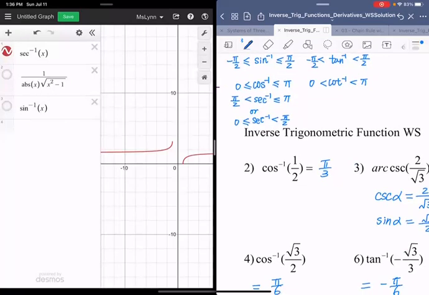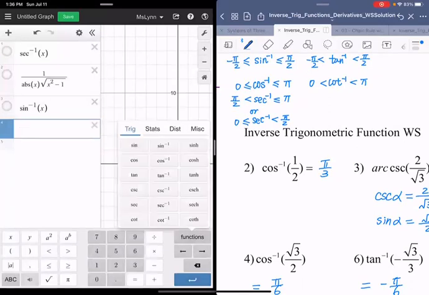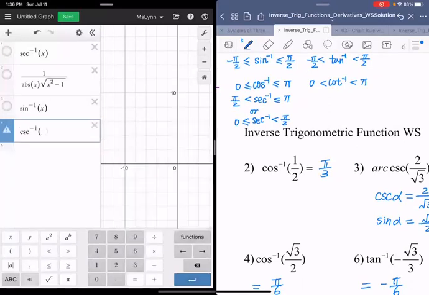How about cosecant? Cosecant inverse, it is bigger than 0. And then if you choose the negative part, it's going to be between negative pi over 2 to 0.